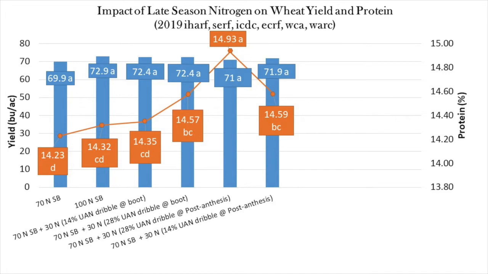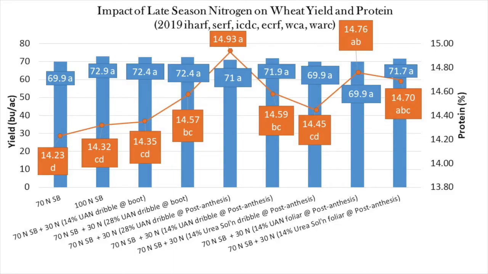Again, when dribble banded post-anthesis, we got much more protein when the product was concentrated at 28% nitrogen than when it was diluted at 14% nitrogen. Perhaps there was more volatilization with the diluted nitrogen, but I don't know if this is something we would expect, and I'm still looking into it. Nevertheless, there was a significant difference there, particularly at 3 of the 6 locations.